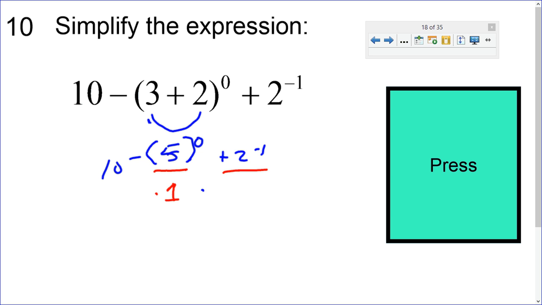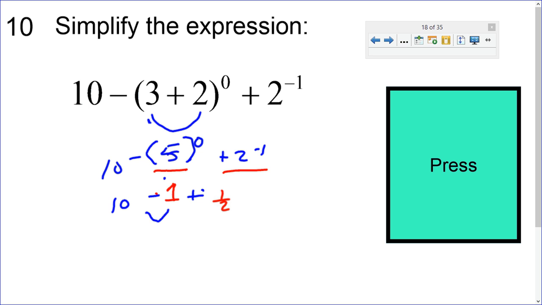We're going to put that as 1 over 2, because we put the 2 at the bottom and the 1 on the top, and that will give us 1/2. So we have 10 minus 1 plus 1/2.